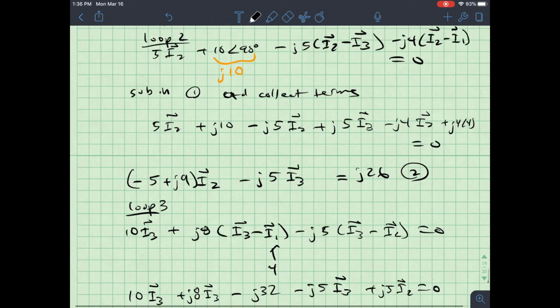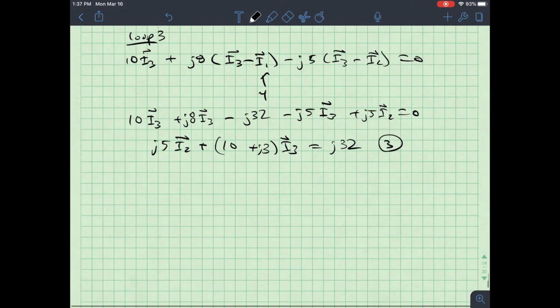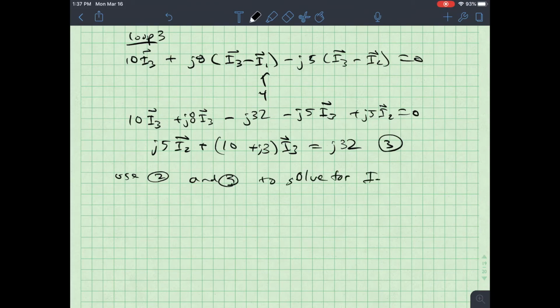Now, since I already know the solution to equation 1, I can solve for I2 and I3 in MATLAB or Python or algebraically. So let's just use equations 2 and 3 to solve for I2 and I3.